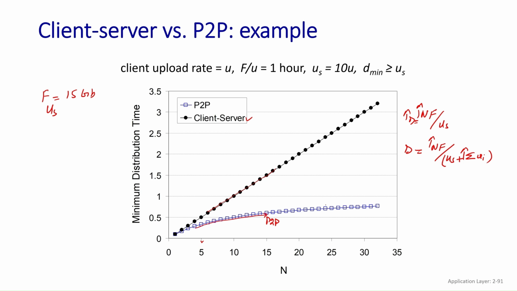If I ask you to map the file distribution time of client-server to peer-to-peer, then you also need to come up with a formula to calculate how many servers are required for the client-server environment.